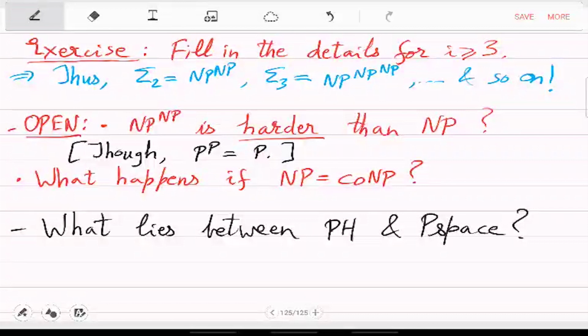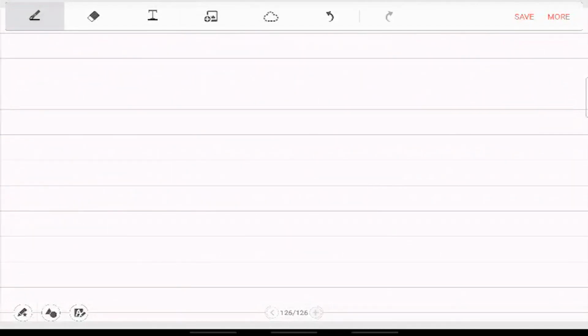So can we now fill that gap? Talk about that gap. Is there something interesting in that? And indeed, there is a very interesting complexity class, or many complexity classes that we can put there. And that brings us to the topic of counting.